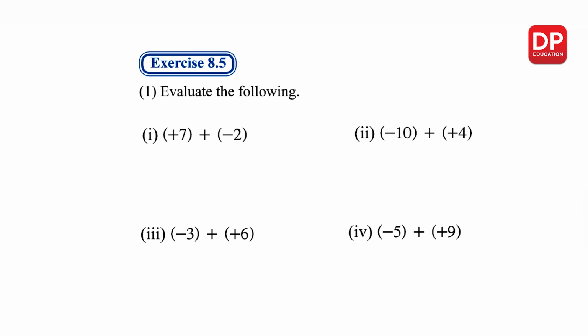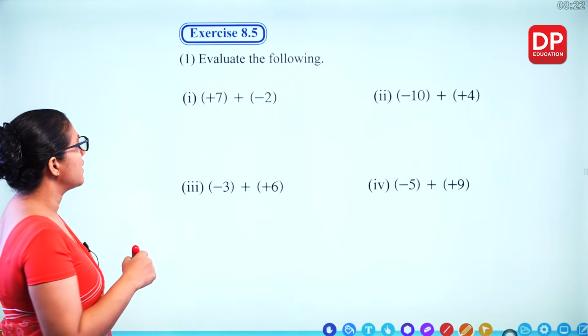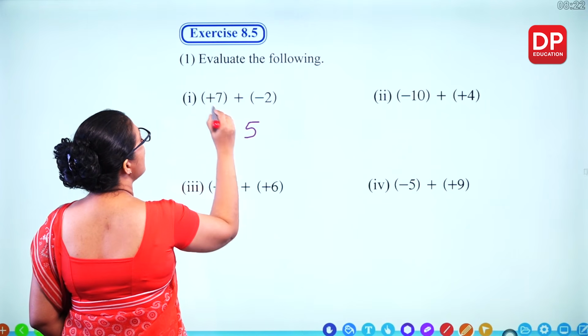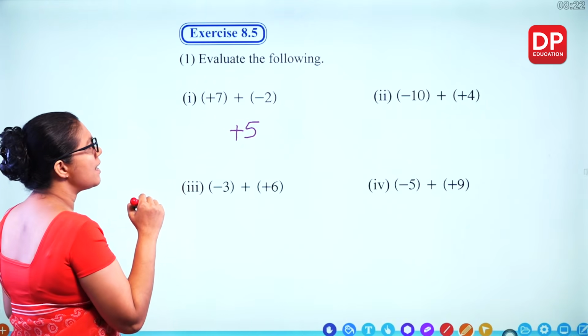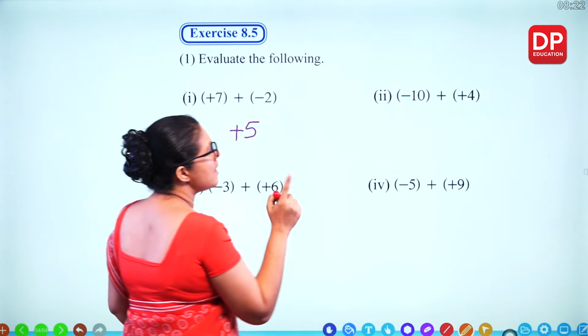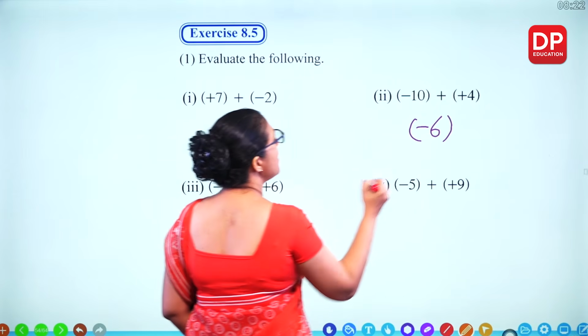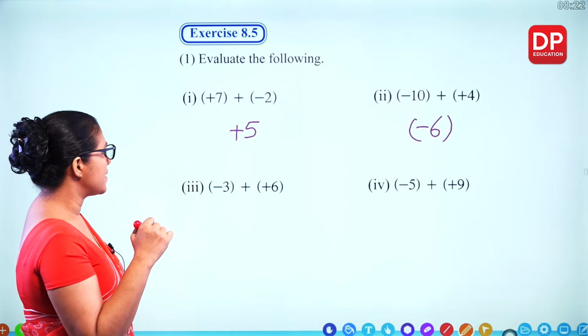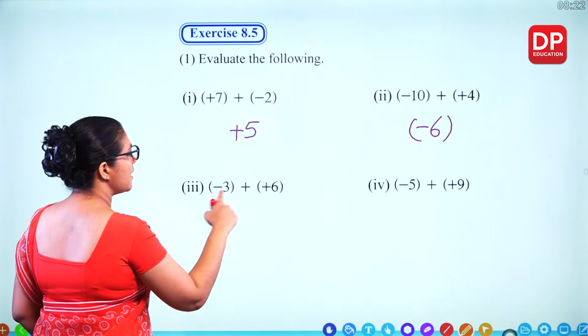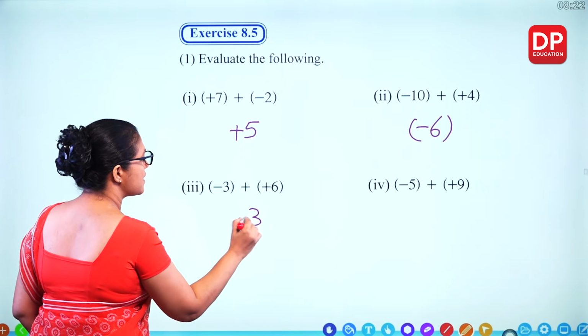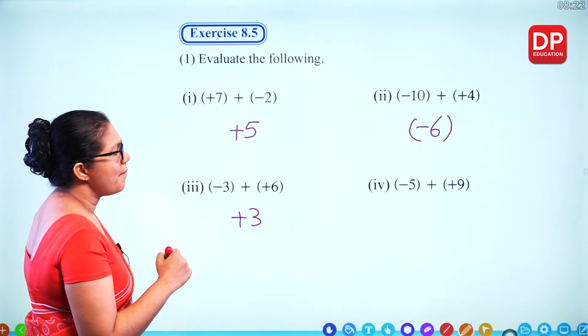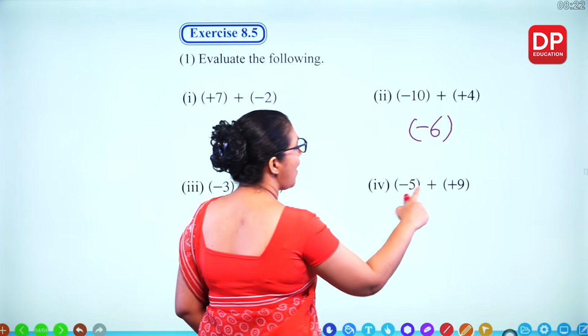Evaluate the following. 7 and 2. Take the difference and put the sign of the bigger number. 10 and 4. Take the difference. 6. Put the sign of the bigger number. That's minus. 6 and 3. Take the difference and put the sign of the larger number. 9 and 5.